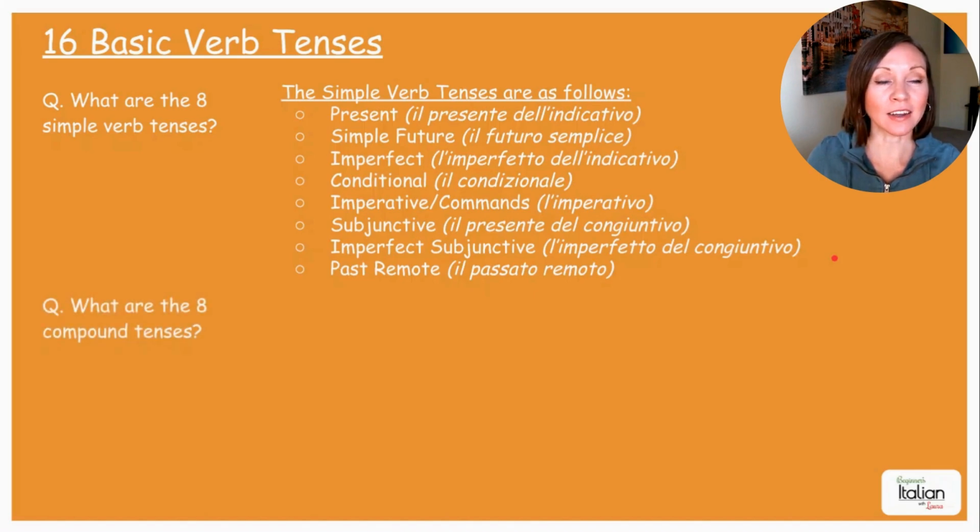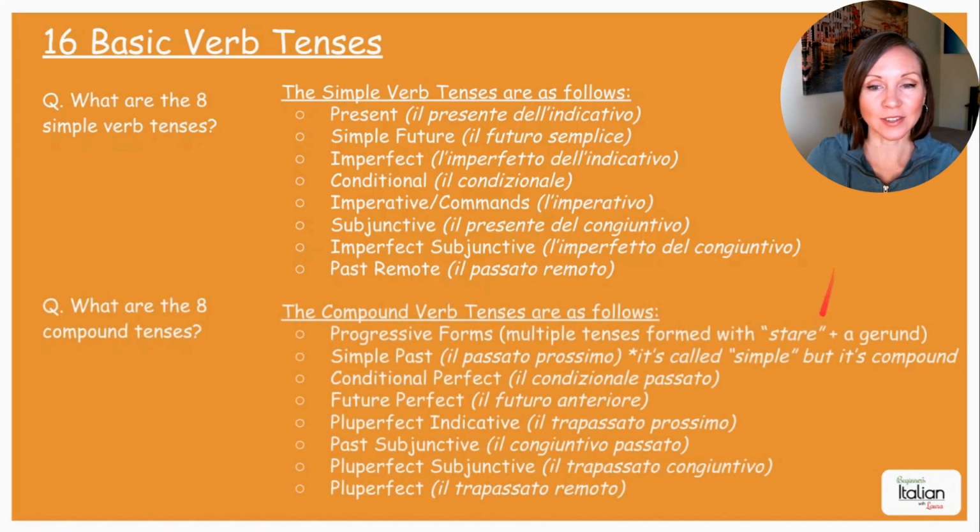What are the 8 compound tenses? The compound tenses are as follows. We have the progressive forms, which are multiple tenses formed with stare and a gerund. Those are the words that end in ing in English. The simple past, il passato prossimo, which is called simple, but it's actually compound, so go figure.